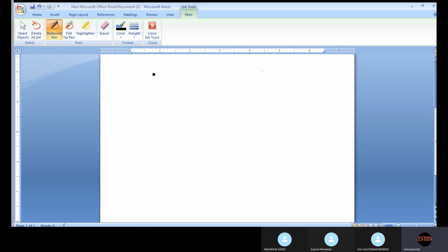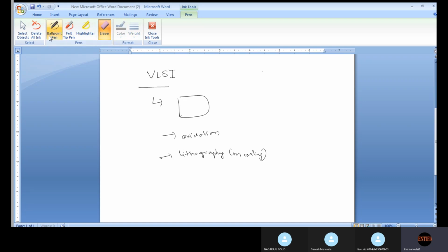Now if we see the fabrication of these VLSI circuits, first we start with the semiconductor. Then oxidation, then photolithography, and lithography is called masking techniques. You can refer to any textbook, this is not a part of our syllabus.